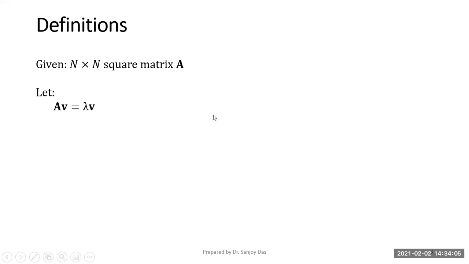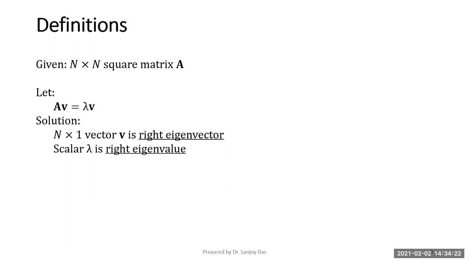Then all solutions V and lambda are eigenpairs. So the n by 1 vector V is called a right eigenvector, or simply an eigenvector, and the scalar is the corresponding right eigenvalue, or the eigenvalue.